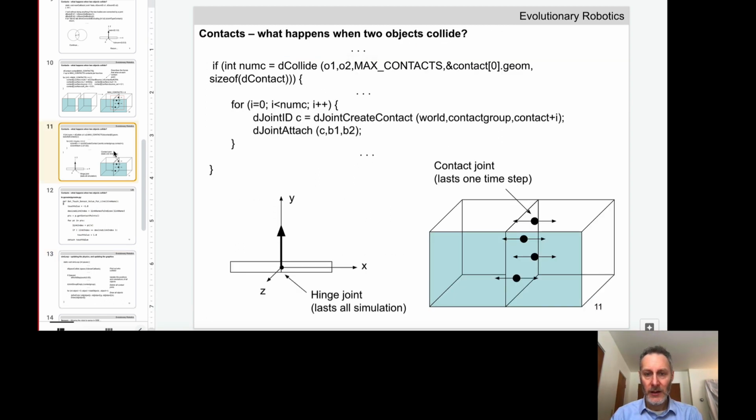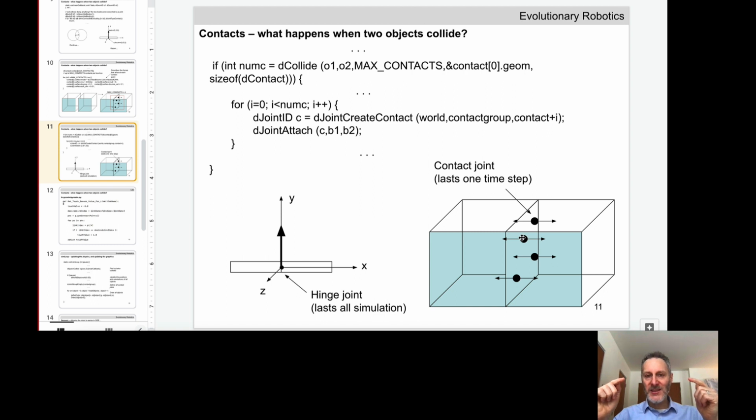I'm sorry, I think I forgot to mention this before. At these contact points, the joints are actually applying forces themselves. The joints are pushing the objects apart in a similar way that your elbow joint is pulling or pushing on your upper and lower arm to rotate them relative to one another. So joints can exert forces on links.